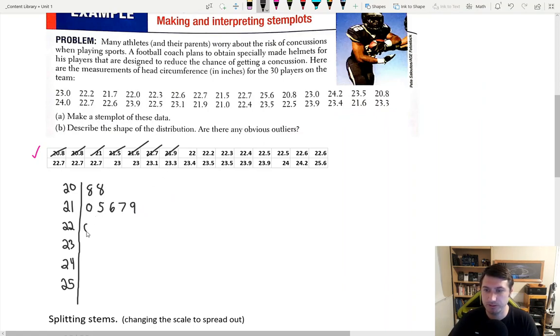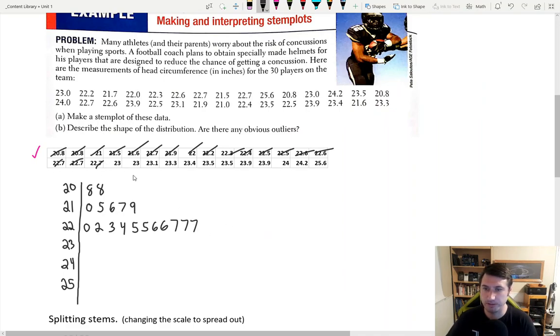That's a 22.0, 22.2, 0.3, 0.4, 0.5, another 0.5, a 0.6, and a 0.6. 1, 2, 3 sevens.